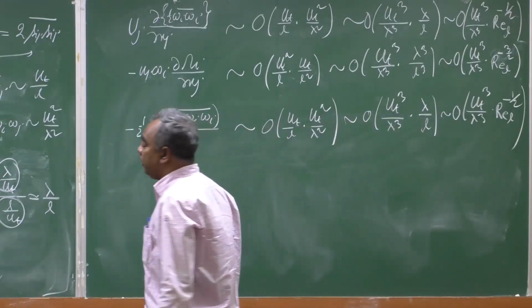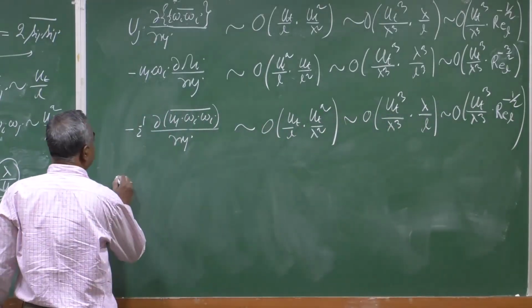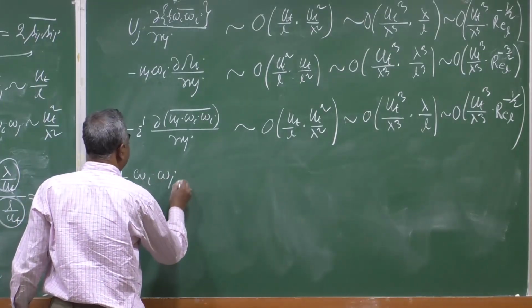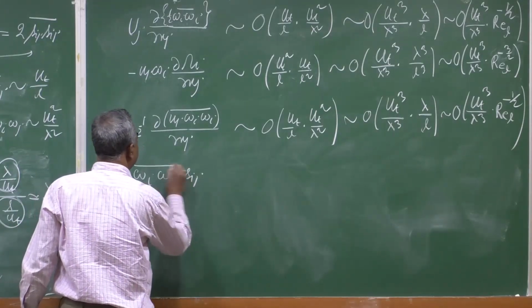Okay. Then the next term is omega_i omega_j small s_ij bar.